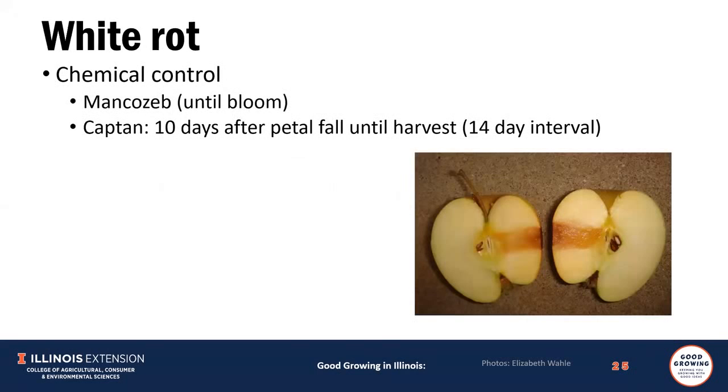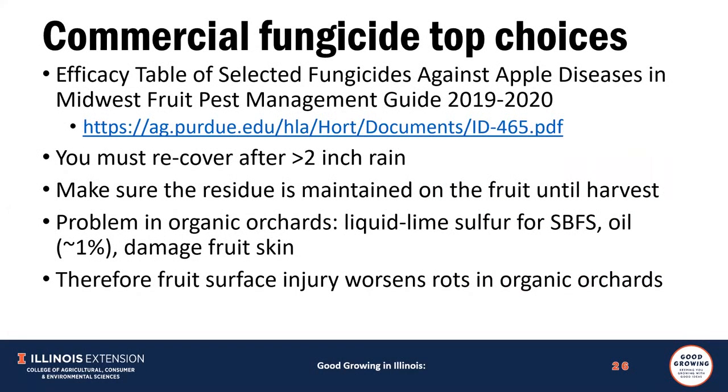The chemical control for white rot, mancozeb, can be used until bloom, and captan 10 days after petal fall until harvest. Most of these controls you're going to be doing until harvest, and sometimes even whenever you've harvested the fruit, the disease can show up afterward after it's already been picked.